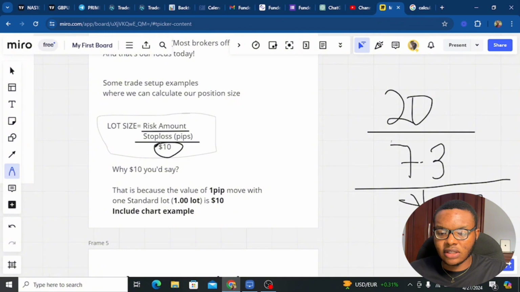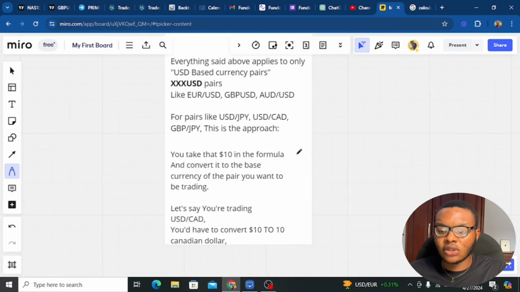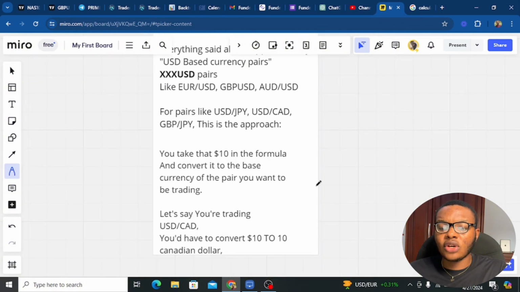You take that $10 in the formula and convert it to the base currency of the currency pair you want to be trading. Let's say you're trading USDCAD. You have to convert $10 to 10 Canadian dollars and then solve.